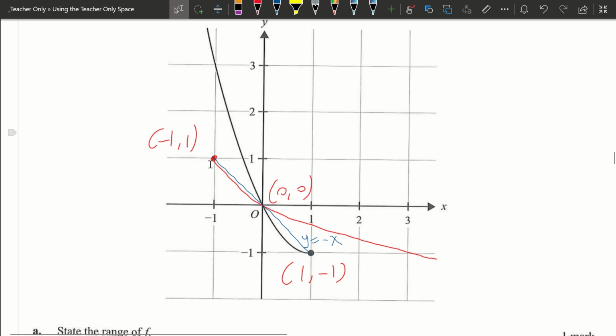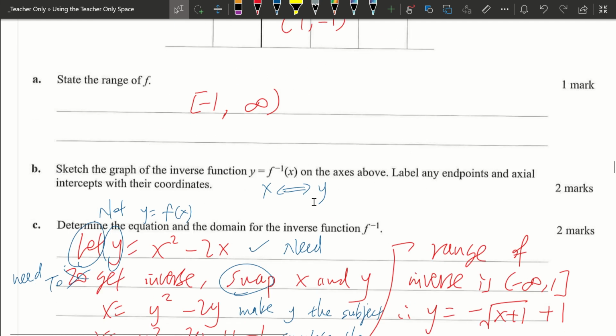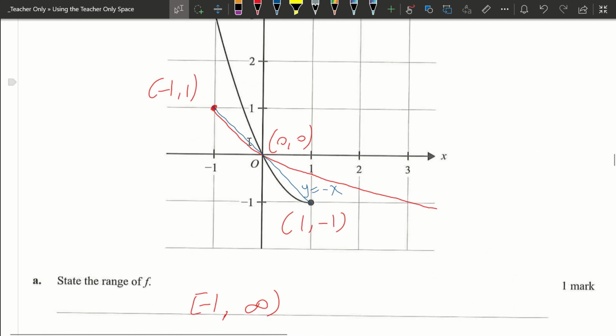Of course, I didn't draw the inverse function perfectly like a machine because I'm not a machine. So my curvature here isn't really what it's meant to be. It's meant to be like the black one. So even though your drawing is not going to be perfect because you're drawing by hand, you're not drawing by a computer, you should realize you really have two areas, and they're symmetrical about y equals x.